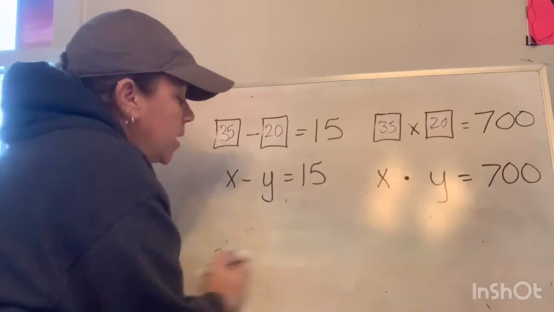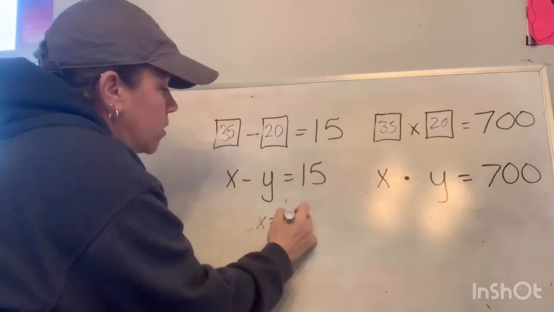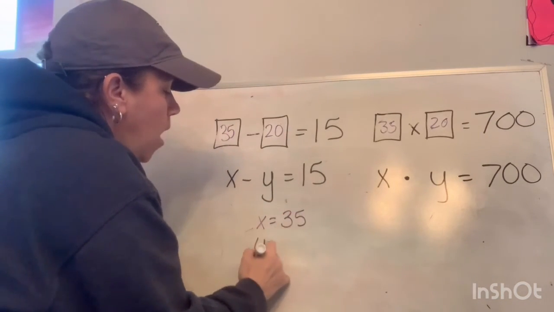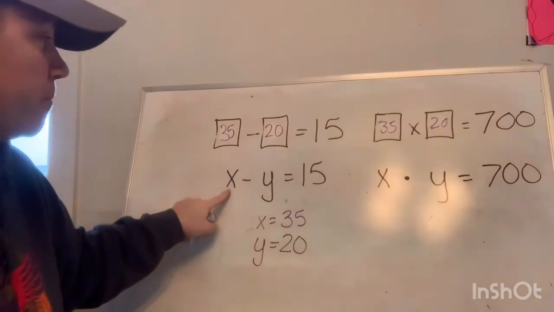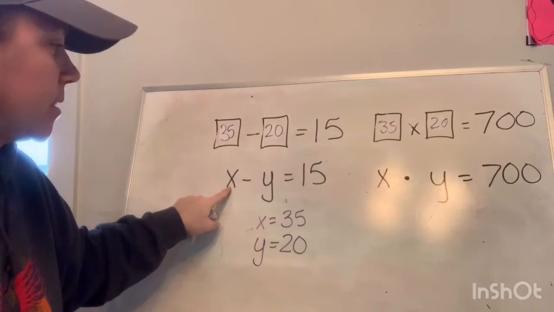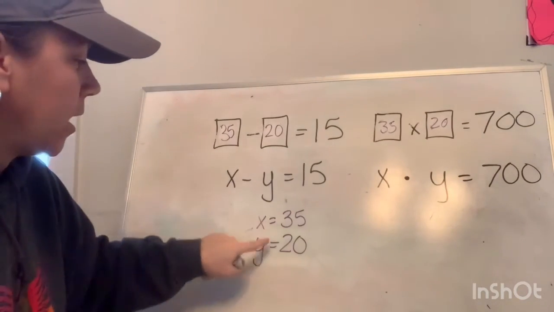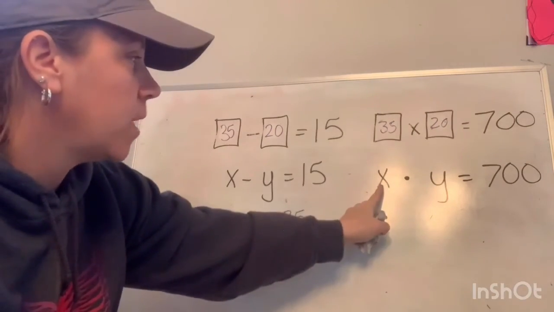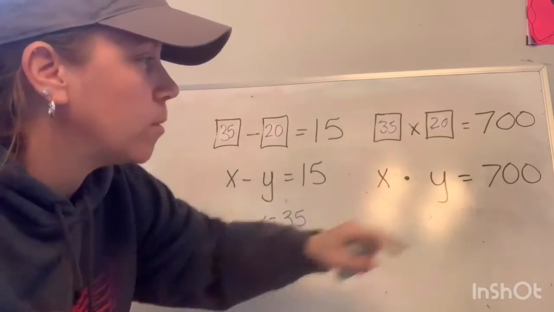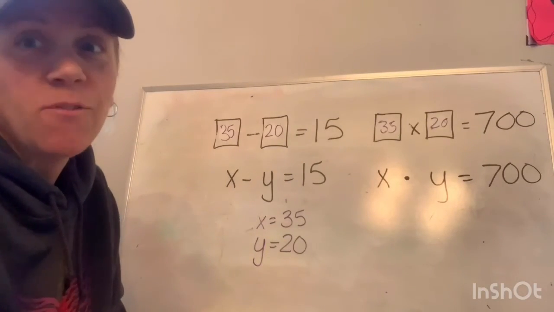If you were doing big 6th grade math, you would say x equals 35, y equals 20. So I need an x. The x here needs to be replaced with 35. The y here needs to be replaced with 20. Same over here. The x would be 35. The y would be 20. If you don't get that part, no worries. If you do, awesome.